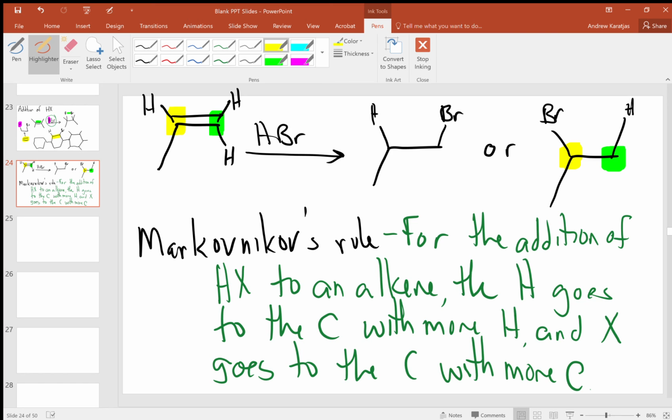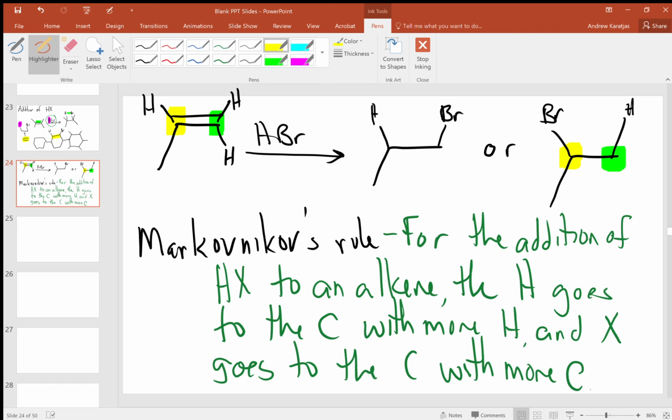So this is an example of a reaction where, at least in theory or based on the definition of what an addition reaction is, it could give multiple isomers as the product, but it prefers to give one of them.